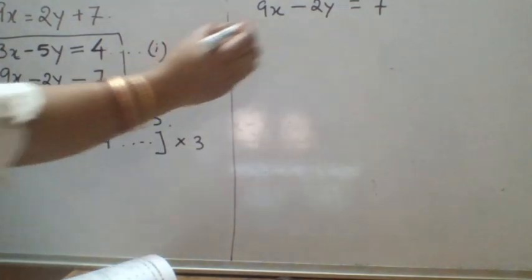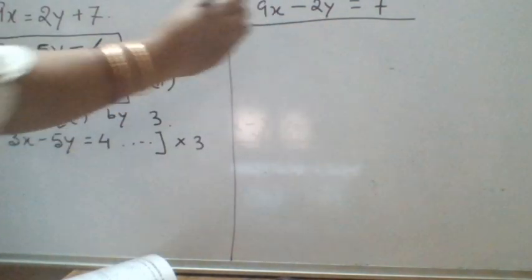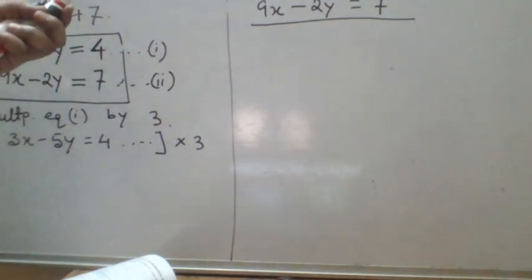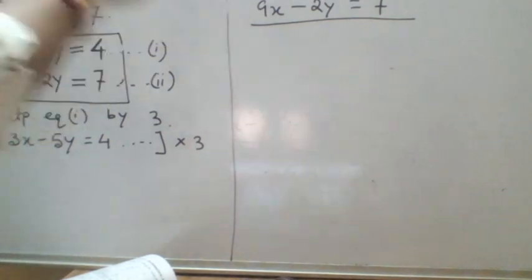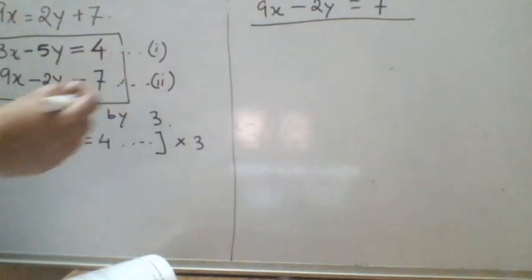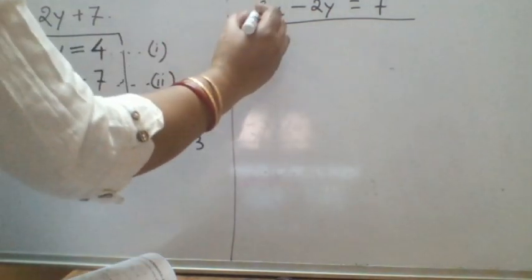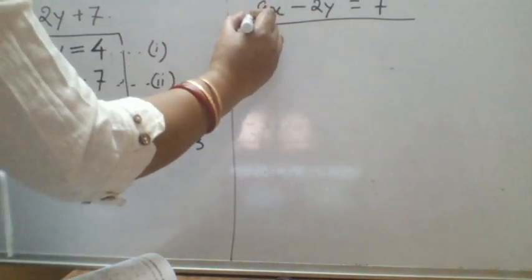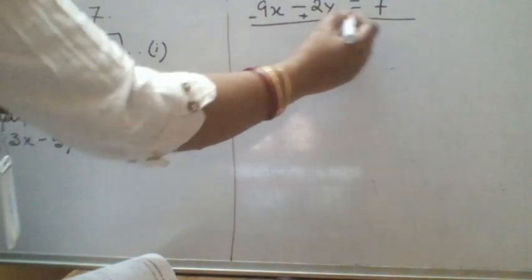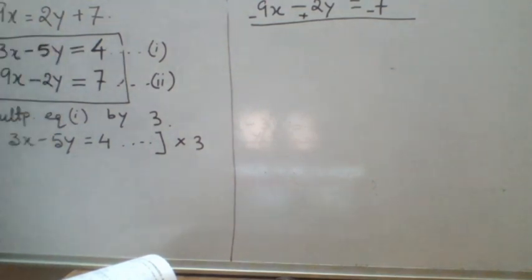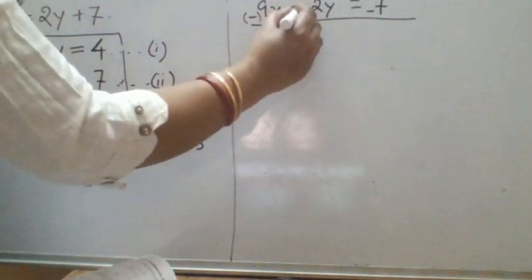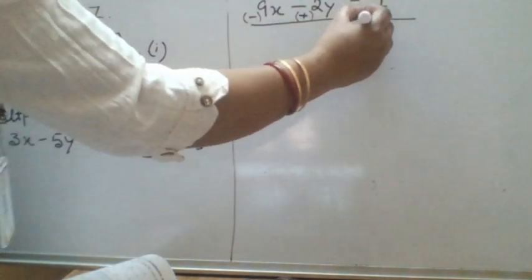Now what we have to do, because they are of the same sign, 9x is positive in this one, and it is also the same positive sign in the other. So in order to get rid of x, we need to subtract. If we subtract, this 9x is with negative sign, this will be positive and this one will be negative.